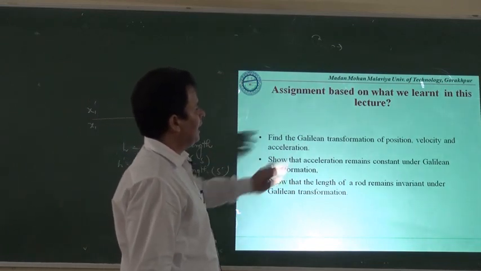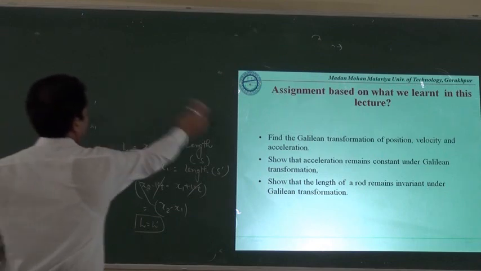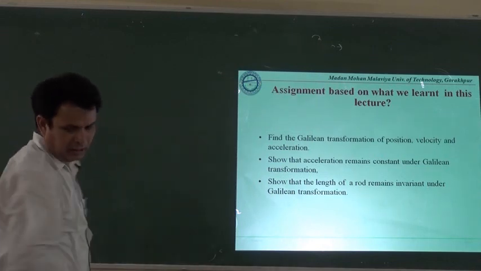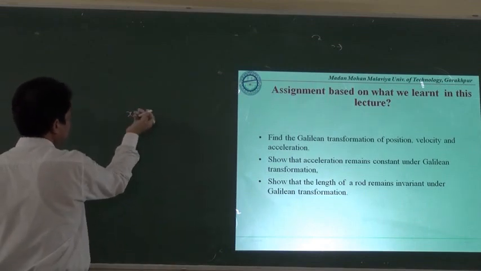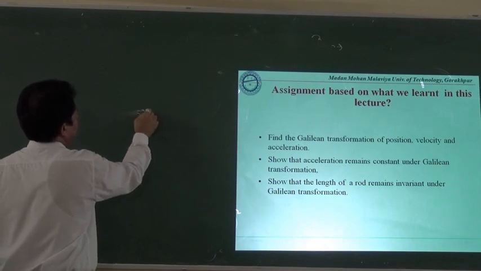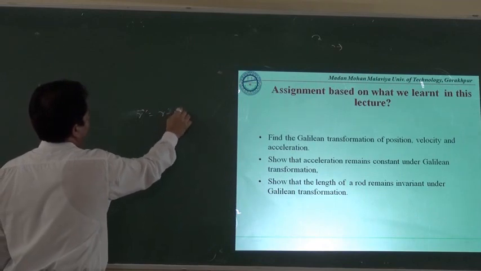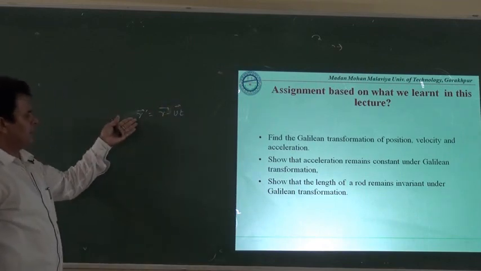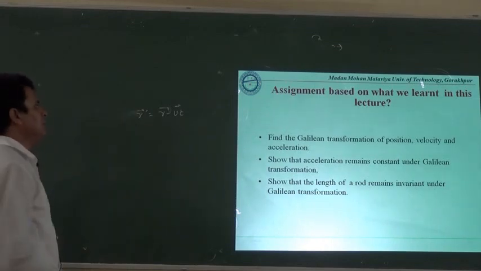Here, what will happen to the acceleration? In order to discuss the transformation of acceleration under the Galilean transformation equation, we write, for example, R dash is equal to R minus Vt. This is the relation. If we write it in components, then x dash, y dash, z dash, etc. will be there.